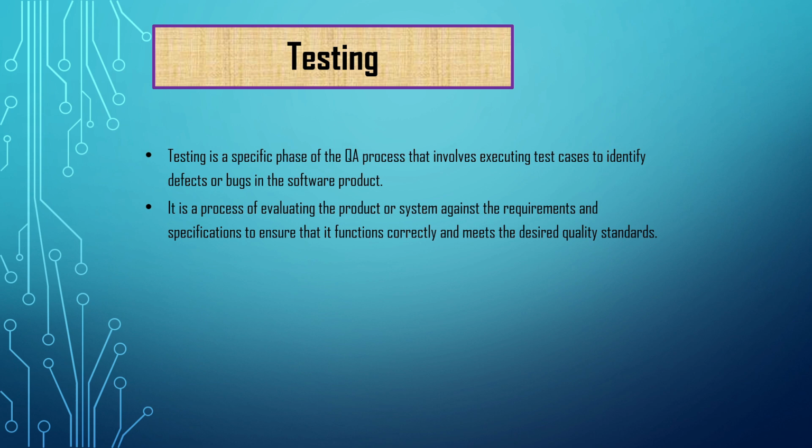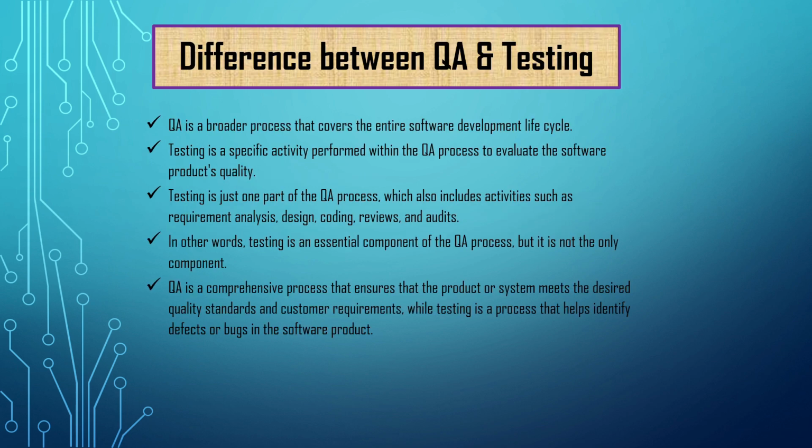At the same time, you need to ensure it also falls under the desired quality standard that has been maintained by the QA process in that particular company. So this is very important. I hope I'm clear. If you still have any question, you may ask me in the comment section.